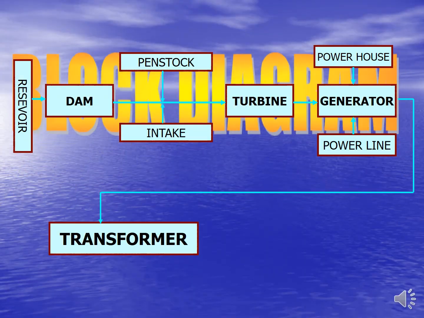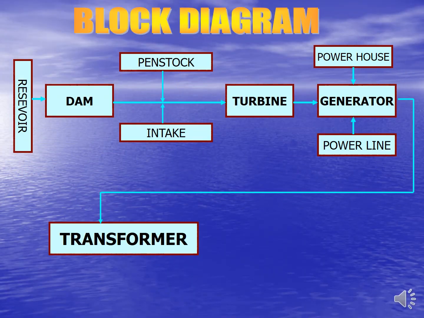You can also see the block diagram. First the reservoir, that is the dam, where we collect the water. The dam is constructed across the river. From the dam comes the intake where we collect the water. Then the penstock, which is one type of pipe. That pipe may be a concrete pipe or a steel pipe.